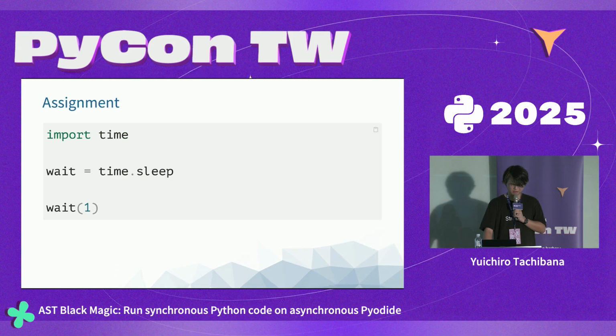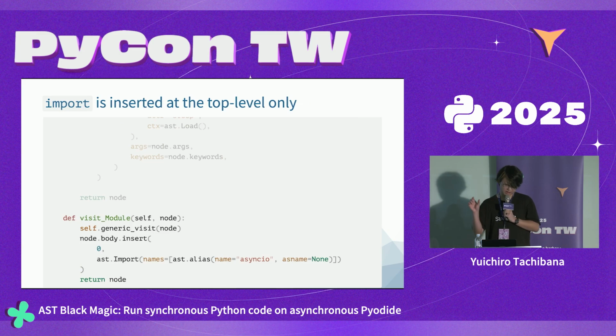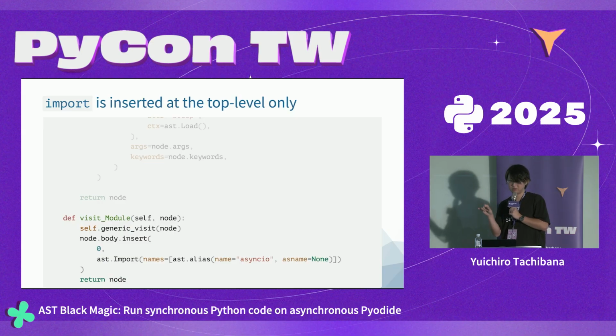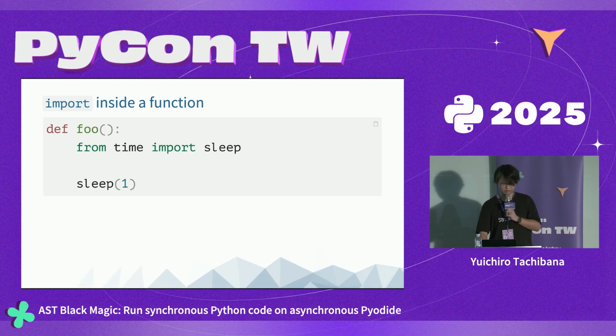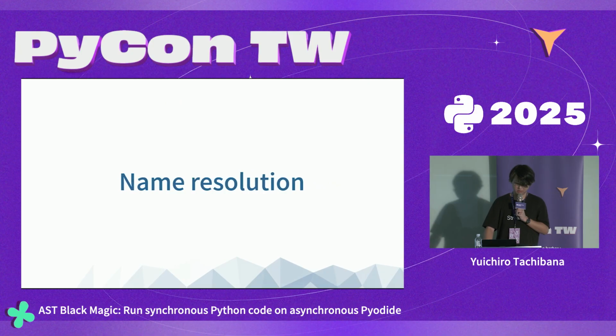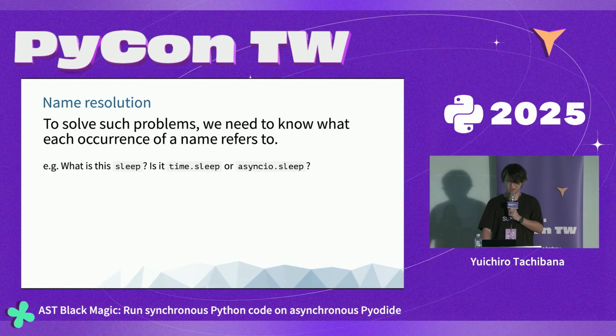Or what if it's assigned to a different variable name after importing? It doesn't work, right? And as we've seen, I designed my custom transformer to insert the import asyncio statement at the very top level. But what if it's used inside a narrower scope, for example inside a function? It doesn't work. So to overcome this problem, we have to implement our own name resolution mechanism.